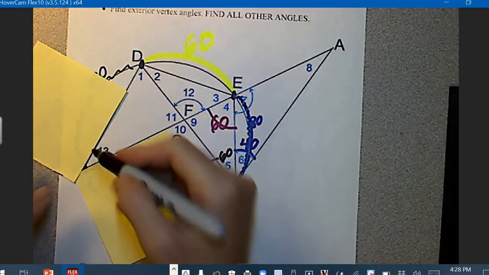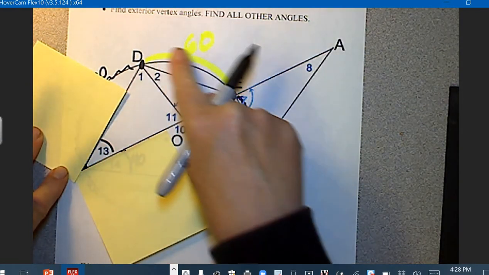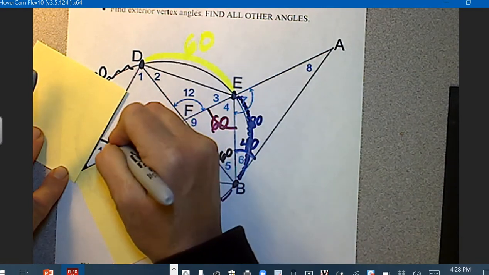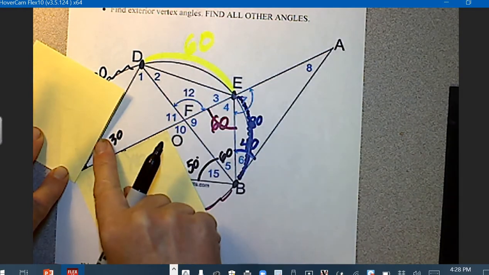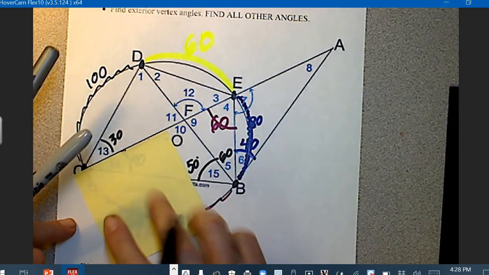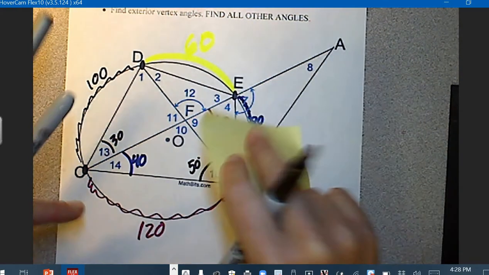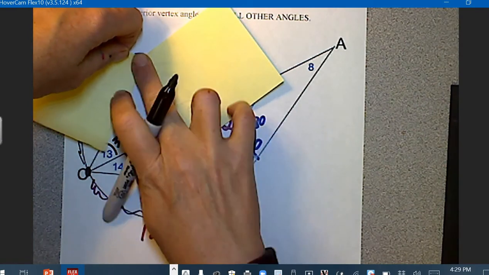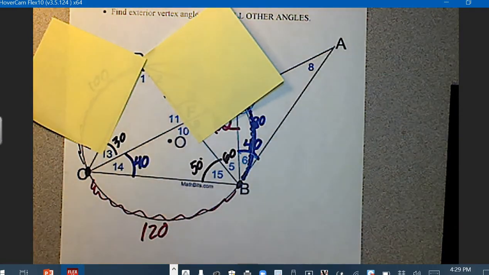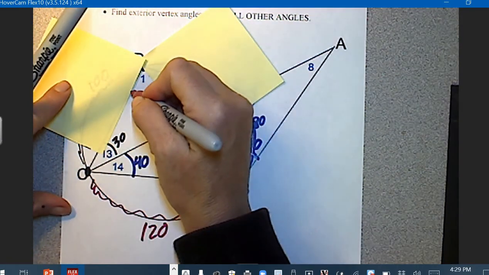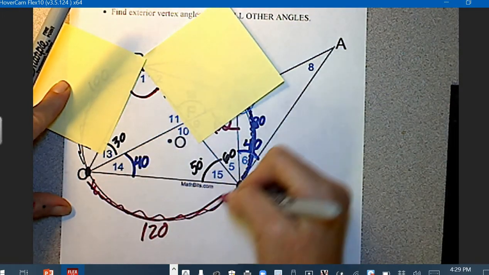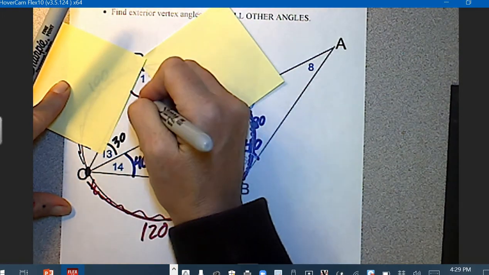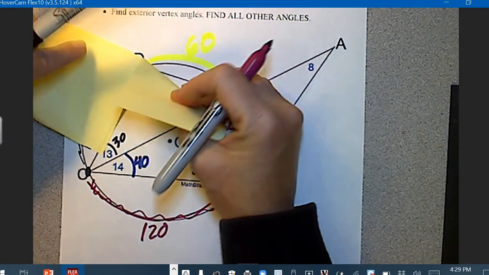So here, 13, sweep with your finger, sweep that. That's 30, of course, because it's inscribed. And I'm just following around the clock here, following around the clock. This angle 1 is grabbing the 120, so that makes that 60.